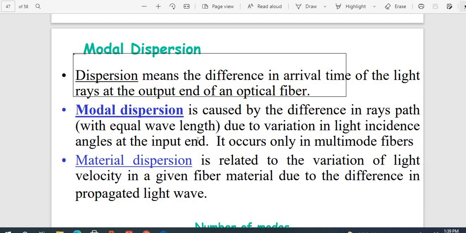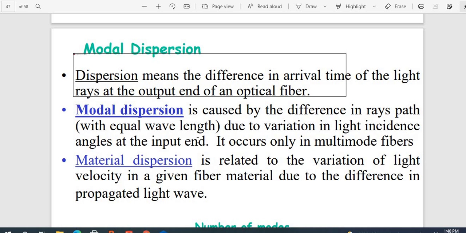So the material dispersion, what is the meaning of that? Material dispersion is related to the variation of light velocity in a given fiber, for that material, due to the difference in the propagation of the light wave. So whenever we pass a light wave and it is propagating, the velocity is varying, the velocity of light for that particular material of the fiber is changing.